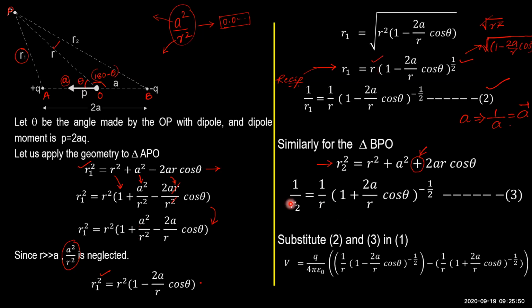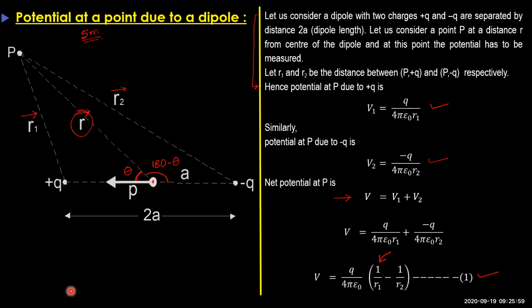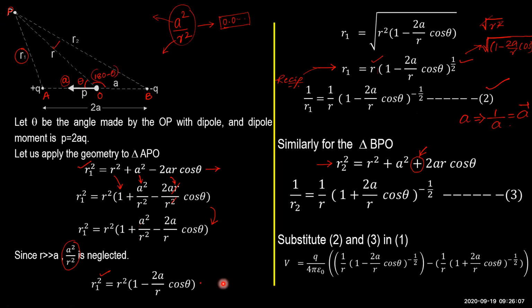Now what we do, as we got 1 by r1 and 1 by r2 here, we substitute equations 2 and 3 in equation 1, the equation we got earlier for potential. Here in place of 1 by r1 and 1 by r2, we substitute those equations. When we substitute, observe the big change which appears here. See, q divided by 4 pi epsilon naught is the same, we are not making any change there.